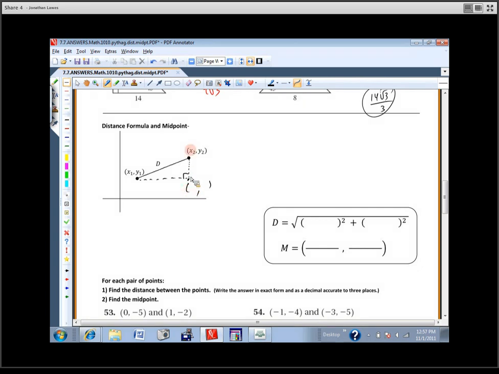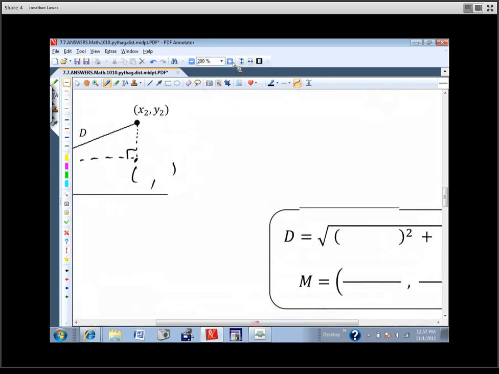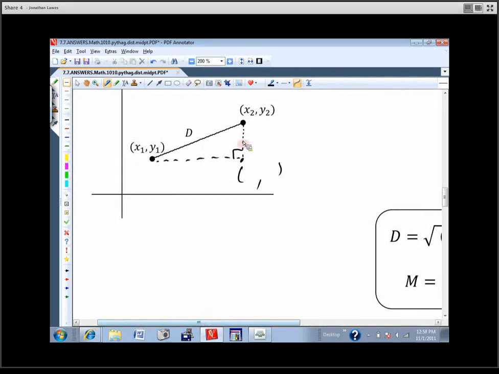We need to find its x-coordinate. It's on this vertical line. It's on that vertical line right there. And I need to find the y-coordinate for this. It's on this horizontal line. It's this far above the x-axis.